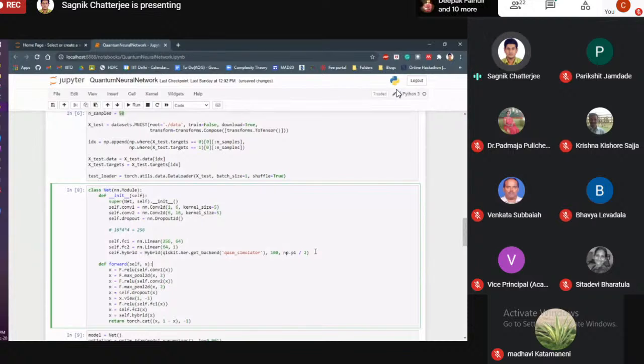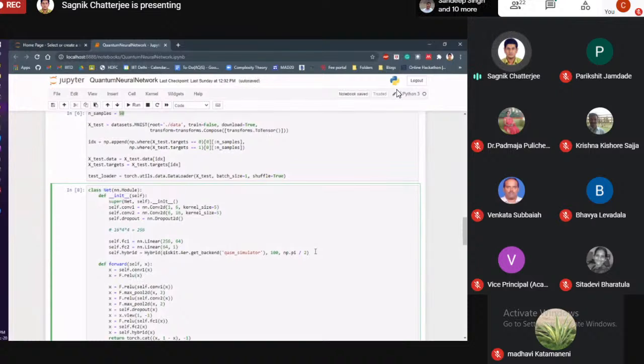Now we actually start making the neural network. This can be broken up into two statements: x equal to self dot the first convolutional layer applied to x, and then x equal to F dot relu x.